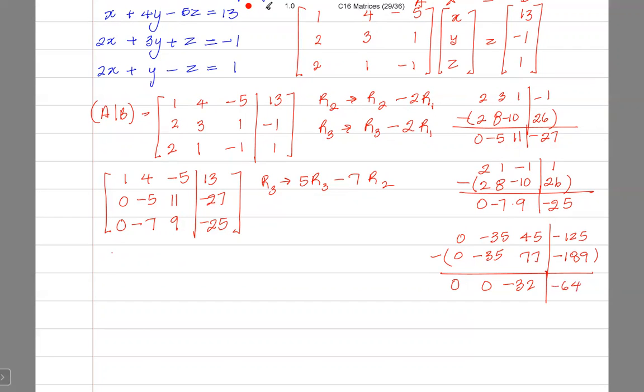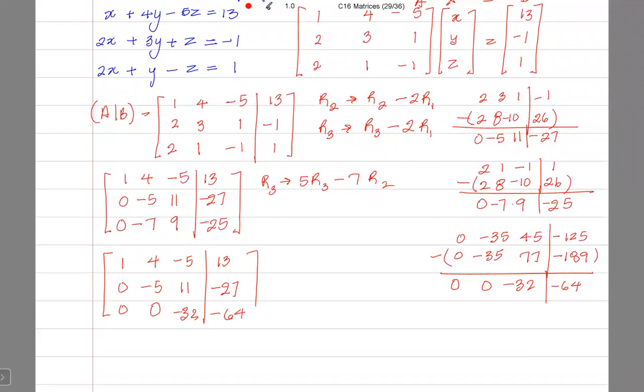So my new standing is 1, 4, minus 5, 13; 0, minus 5, 11, minus 27; 0, 0, minus 32, minus 64.